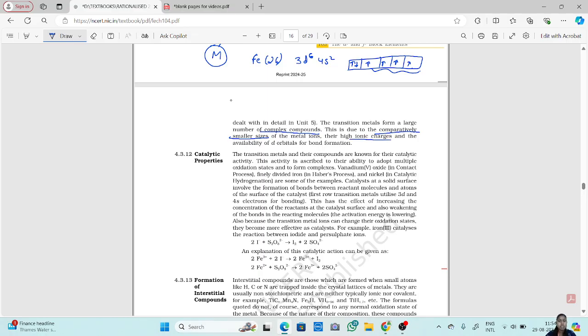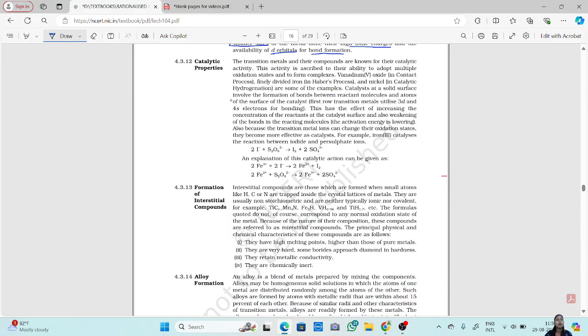Since the radius is small, all the electrons will be attracted by the nucleus, giving high ionic charges, and mainly because of the availability of d orbitals. These are empty d orbitals where electrons can be filled and they can form bonds. So mainly because of the availability of d orbitals for bond formation. These three are the reasons why transition metals form most of the complex compounds.